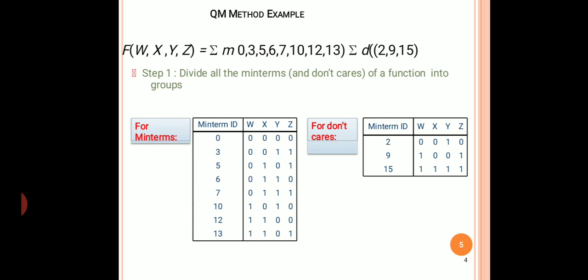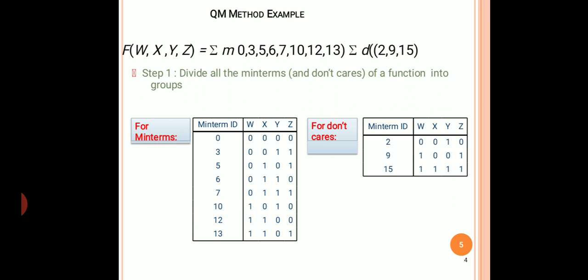So initially you may think it is a complicated method for reduction of a 4 variable expression. Up to 4 variables you can easily solve by using the K-map. But if the number of variables increases, the Quine-McCluskey method becomes simple.